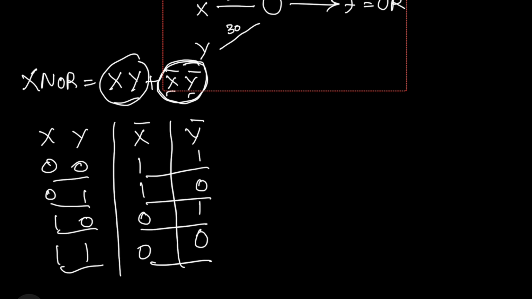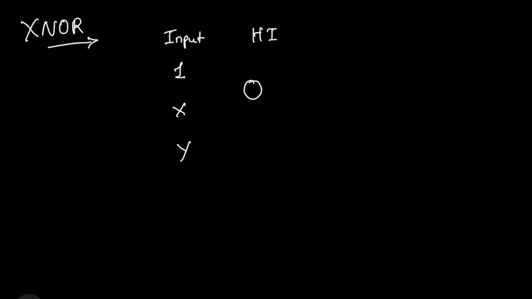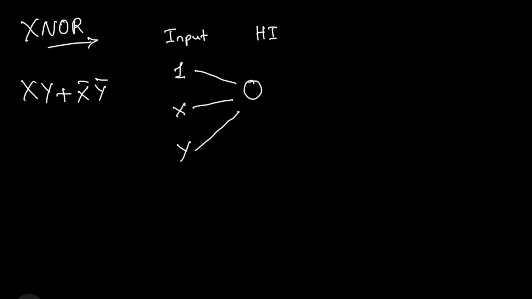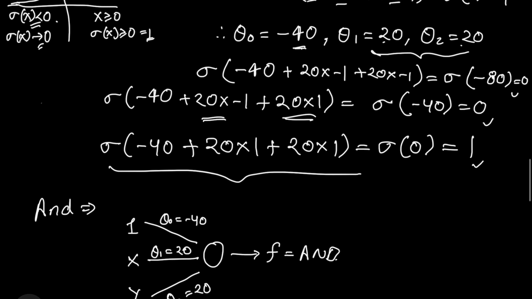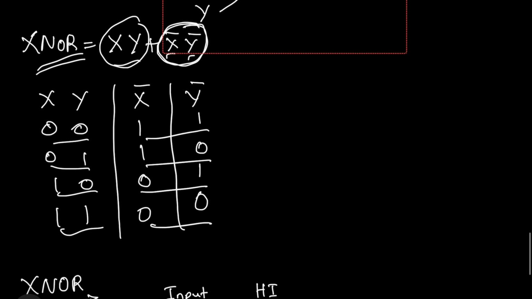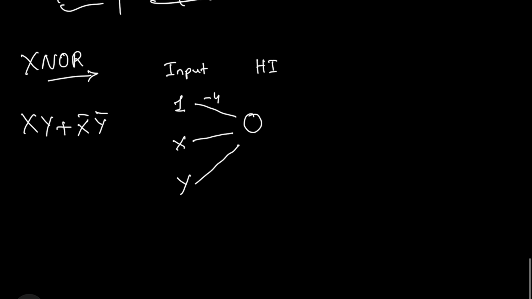Now let's create the final XNOR network. So for XNOR we have input as 1, x, y. So the first hidden layer: what were the weights of xy? Negative 40, 20, 20, so it would be negative 40, 20, 20.